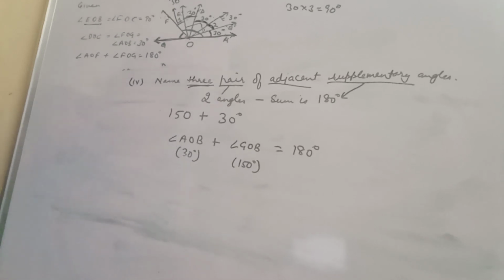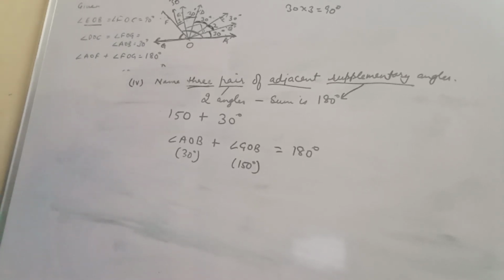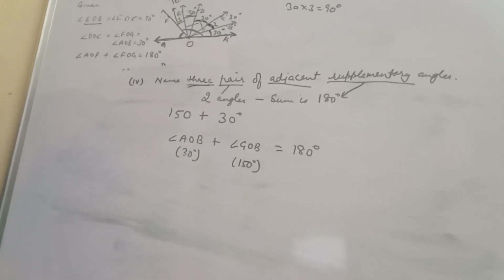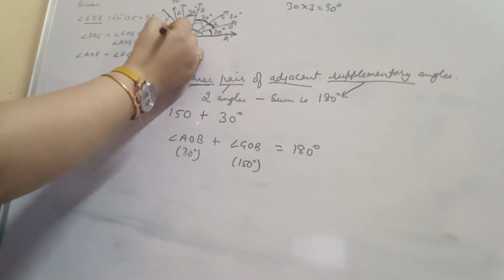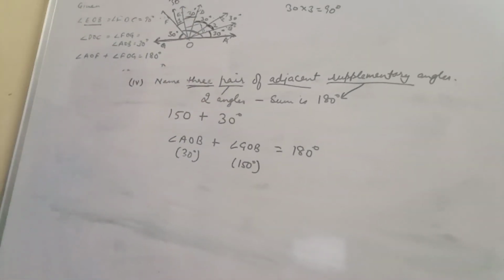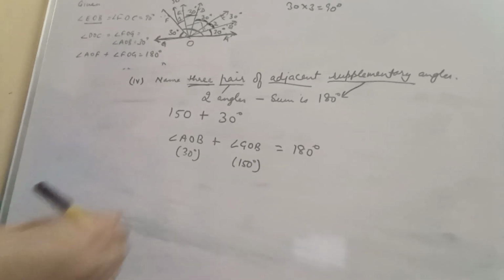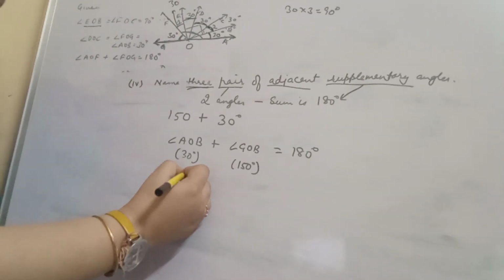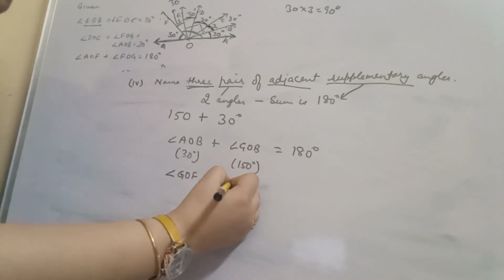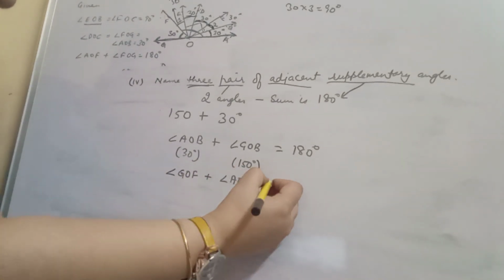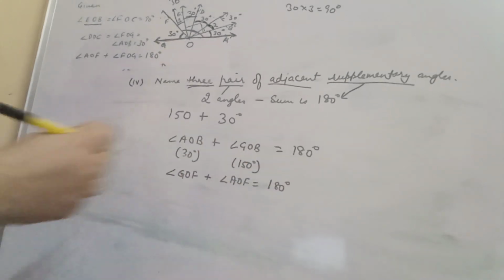Then we have to look for the other adjacent supplementary angles. So how will we get? I think this is 1, 2, 3, 4, 5. So this angle is also 30 degree. GOF is also 30. So my second pair would be GOF plus angle AOF, which gives me 180 degree.